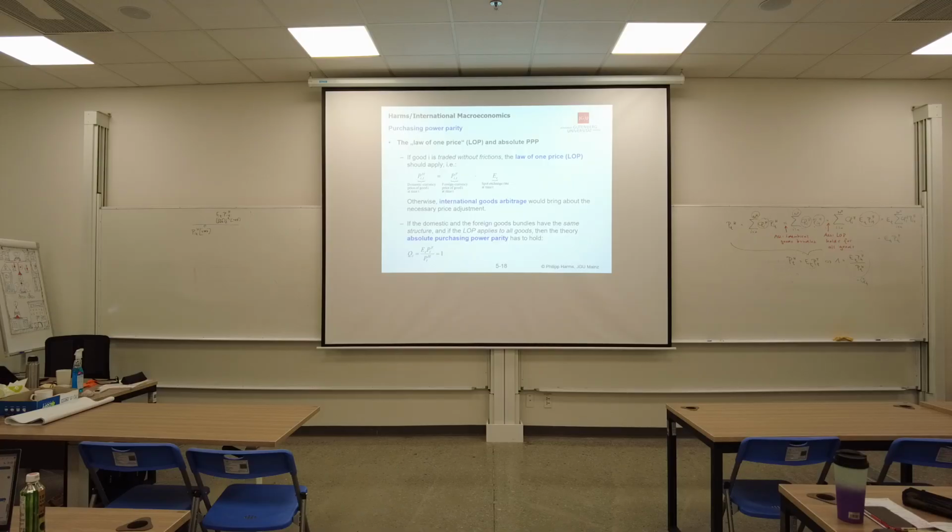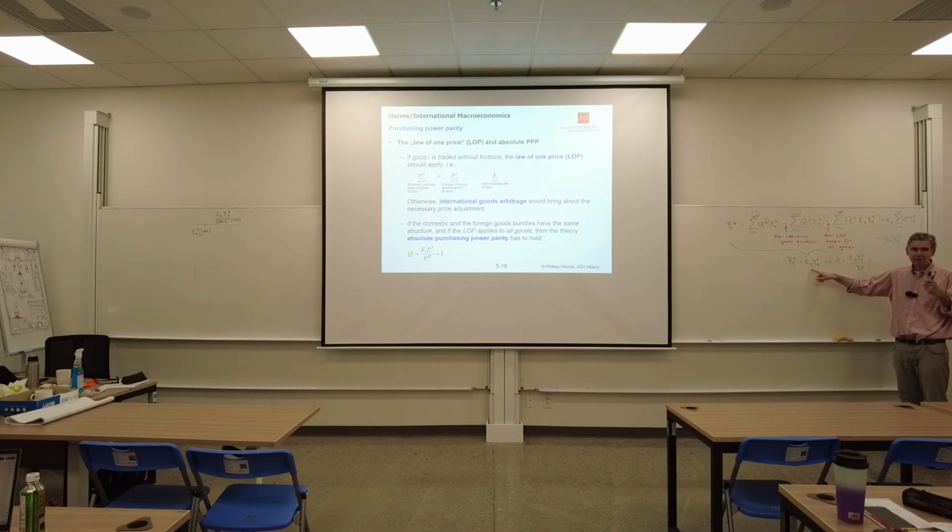Now, I'm making a lot of fuss about that because there are so many misunderstandings about the real exchange rate. And a very frequent misunderstanding that you find in a lot of undergrad macro textbooks is, well, we got the law of one price, which is a micro concept, and then we blow it up and we get a macro concept, which is this.